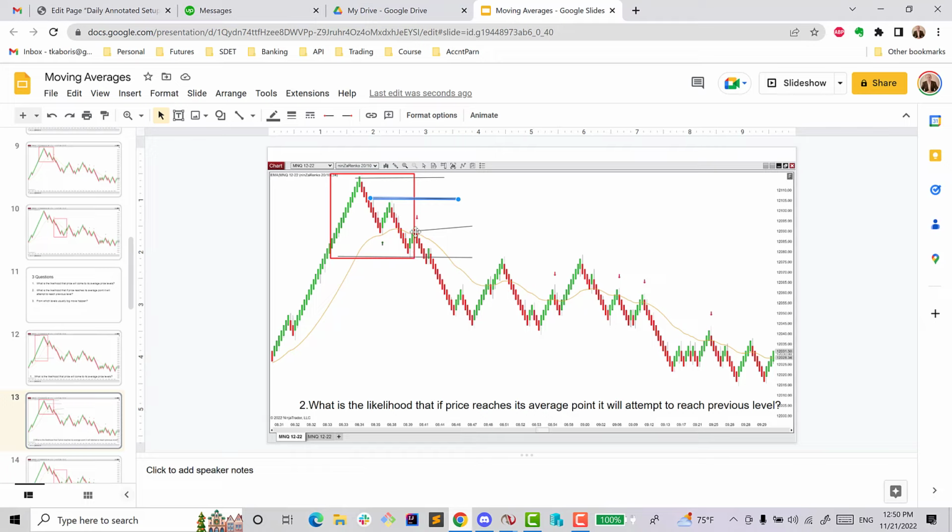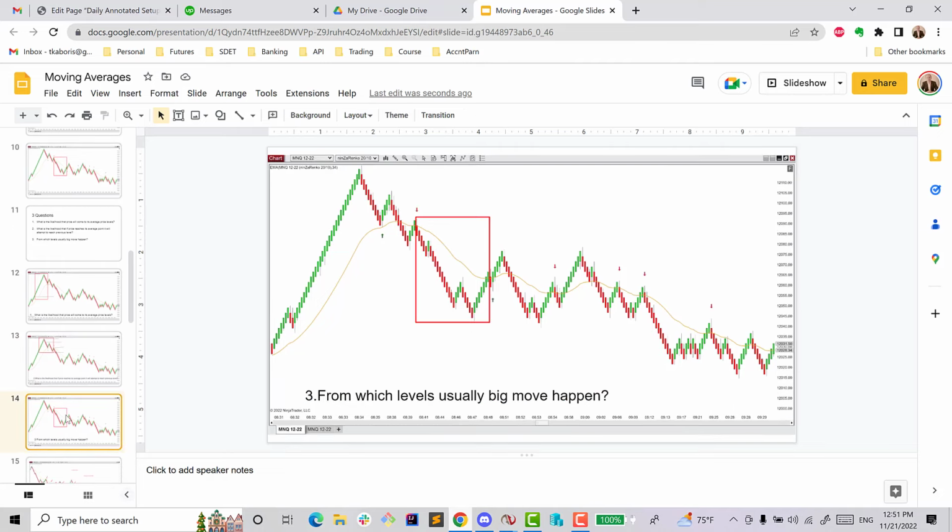Lesson number 3. From which levels usually big move happen? Look, I didn't point it here, but we have a move here from 34 EMA. Look how big of the move is. Look at this leg.